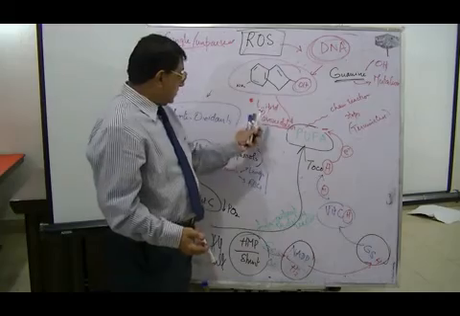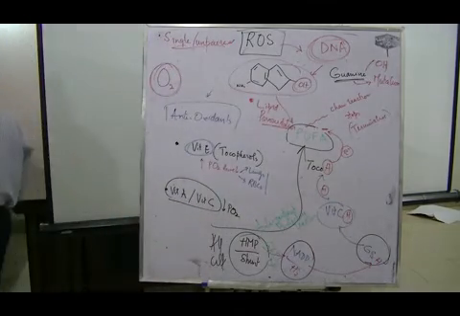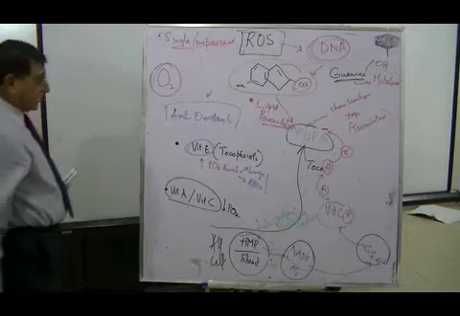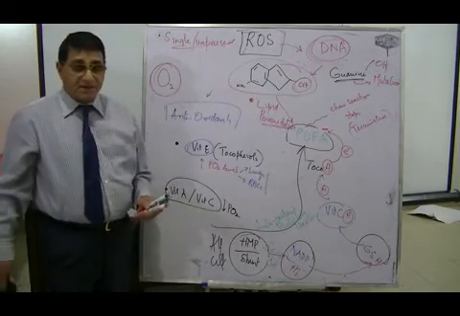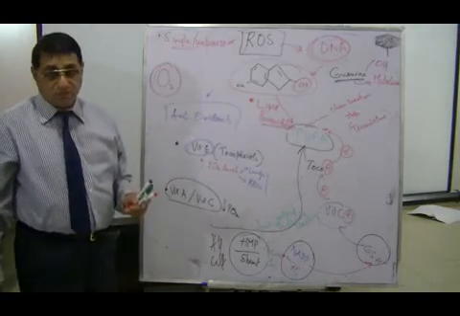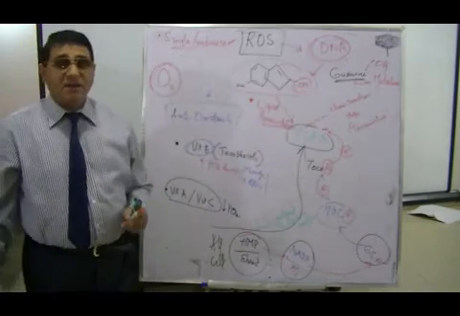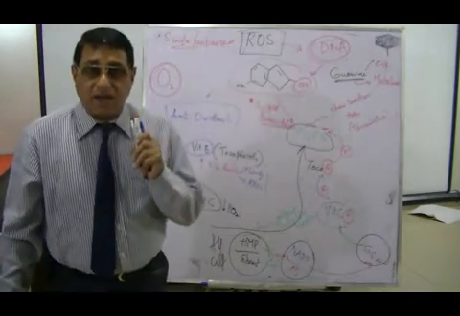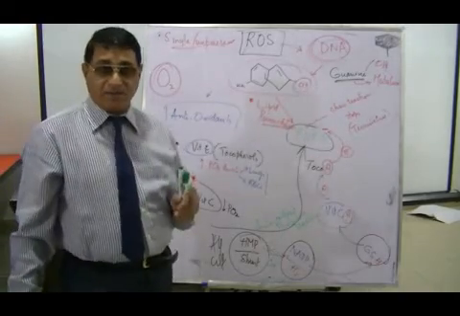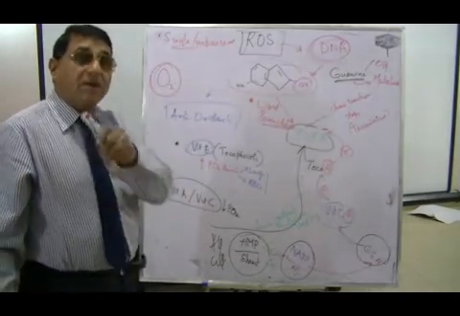But I've told you about lipid peroxidation. Lipid peroxidation affects what? PUFAs. And I've told you PUFAs are those polyunsaturated fatty acids which are located at carbon number 2 of the phospholipids.